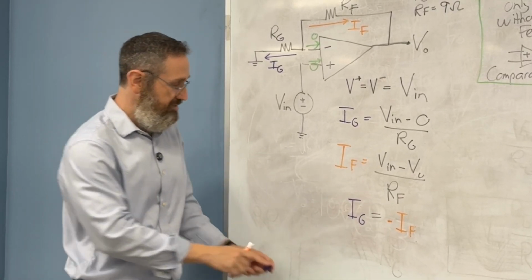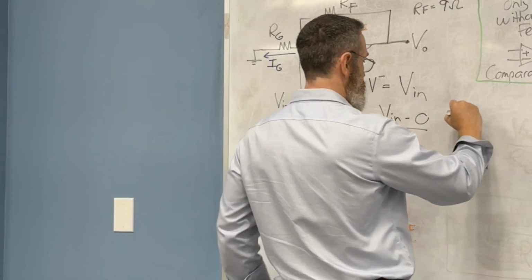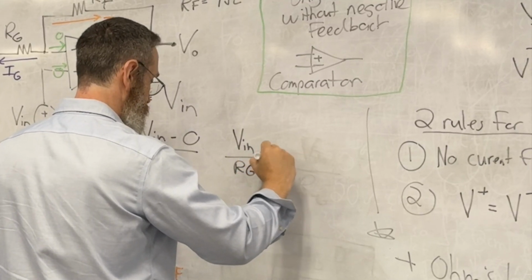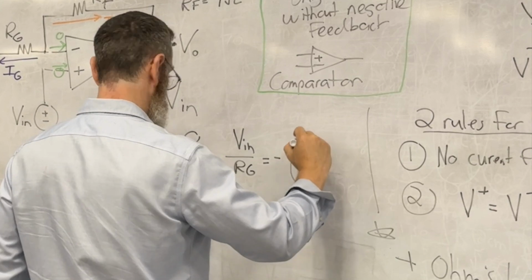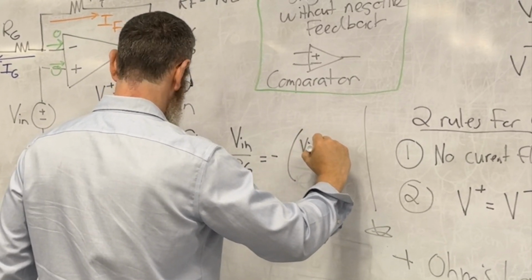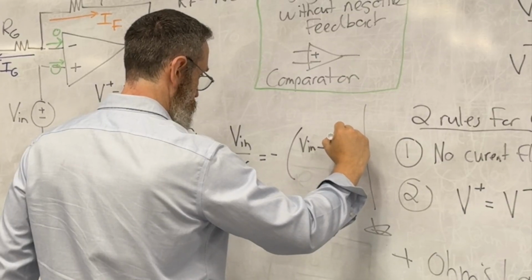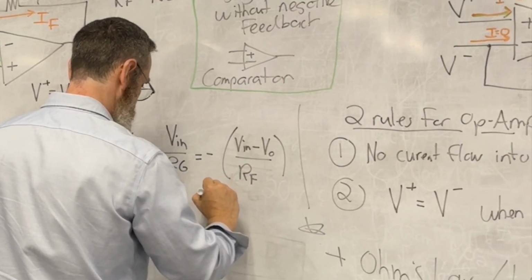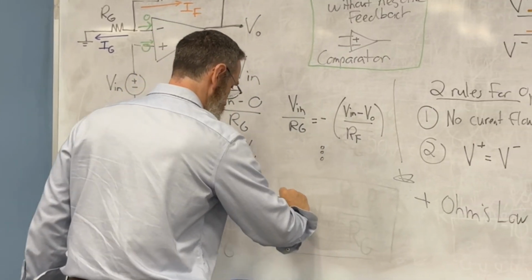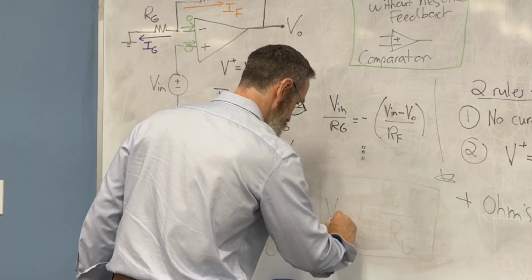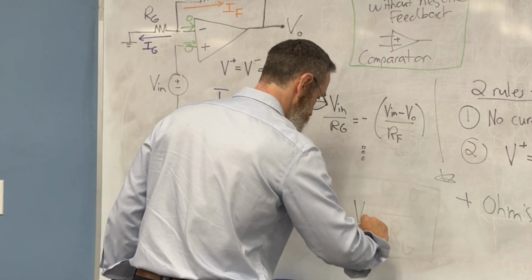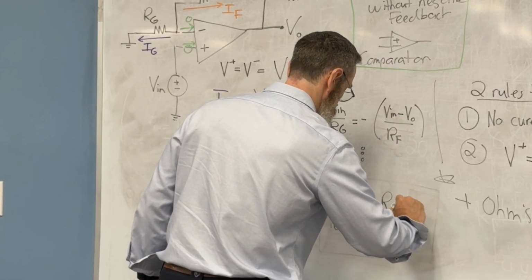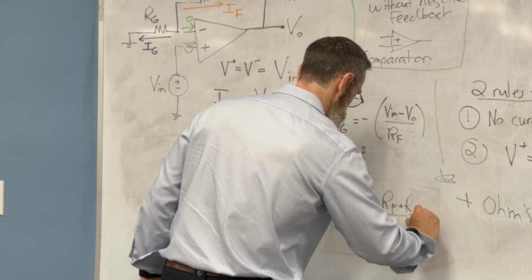Having done that, I can now say that Vin over R sub g is equal to the negative of Vin minus Vout over R sub F. And if I were to solve this out, I would get Vout, looking at where I previously wrote it, is equal to Vin times R F plus R sub G over R sub G.